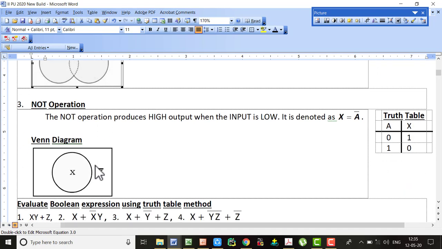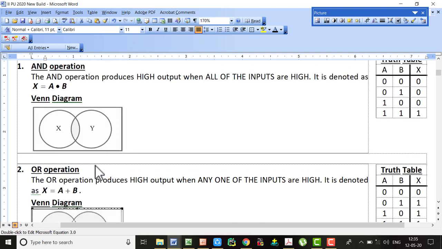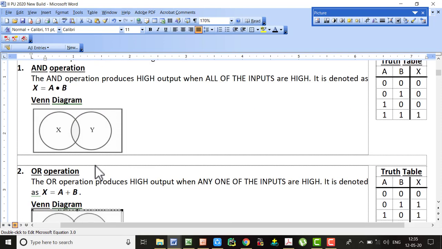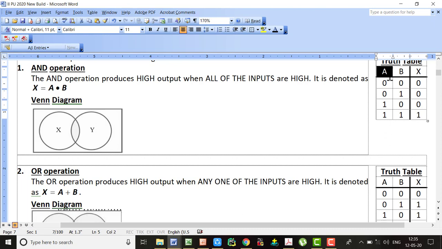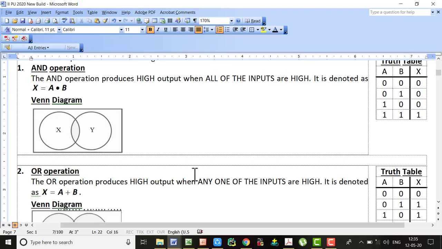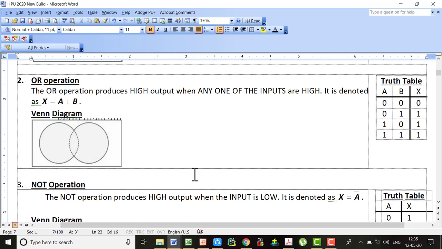NOT operation is going to be something interesting. You see, in both AND operation as well as in OR operation, you can have multiple inputs. In our example, we are having 2 inputs, A, B. You can also have one more input called C. For AND operation as well as for OR operation, you can have multiple inputs. It should be minimum of 2 inputs, maximum of any number of inputs.